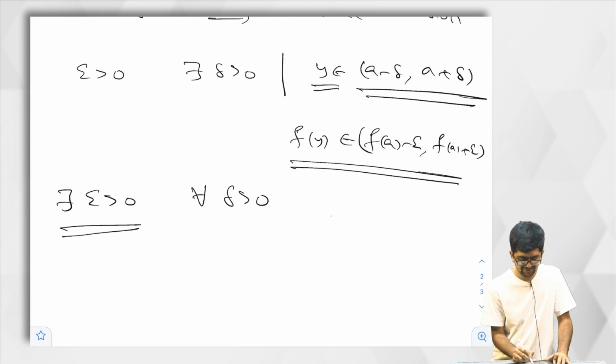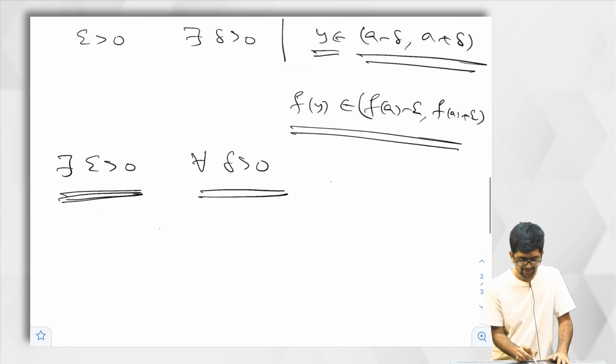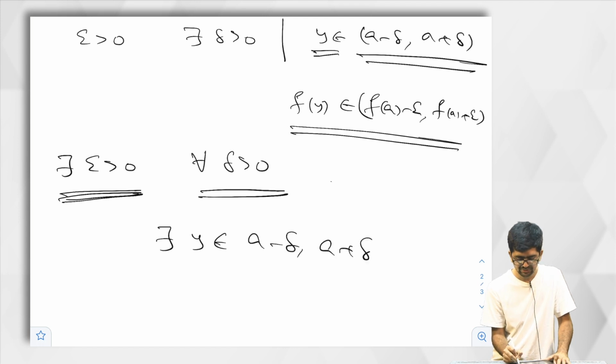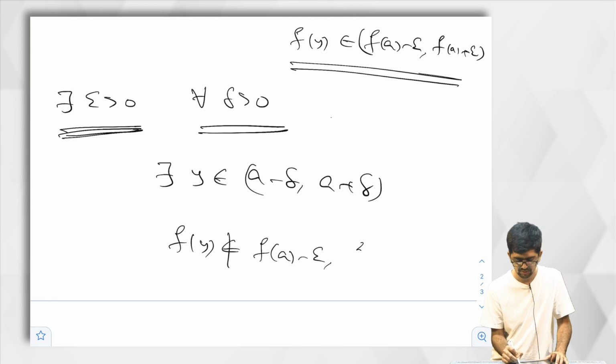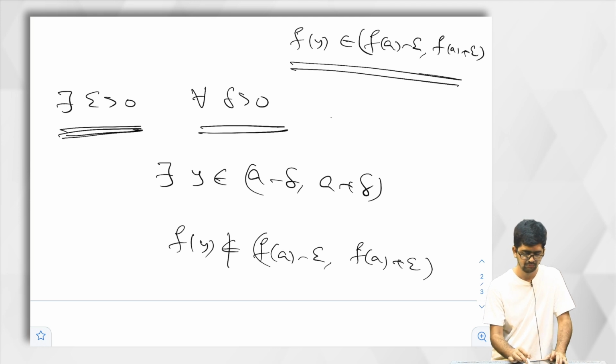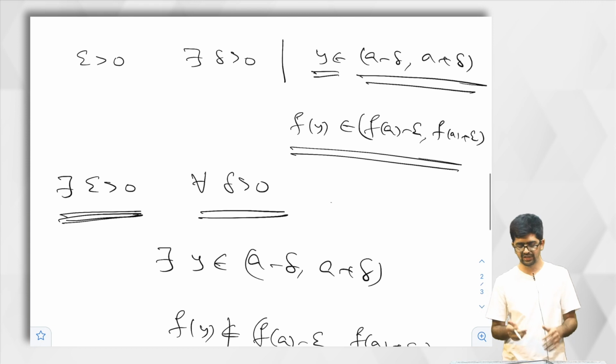So these two are clear. This part is the following: there exists a y belongs to a minus delta and a plus delta such that this is not happening. f of y is not an element of f of a minus epsilon, f of a plus epsilon.